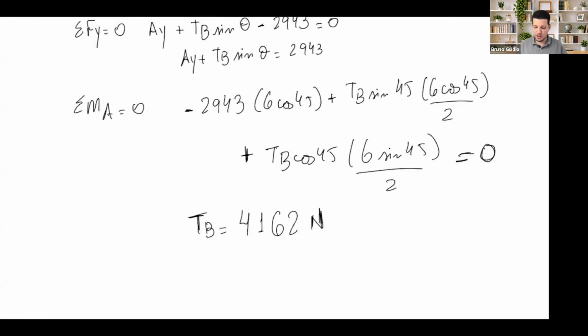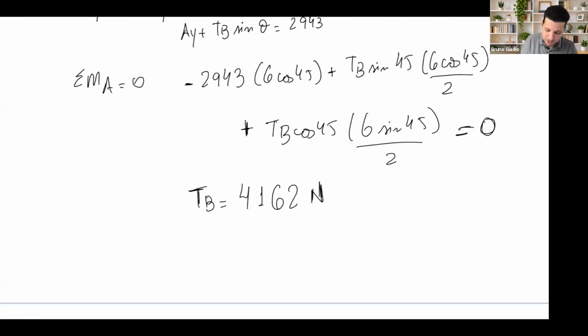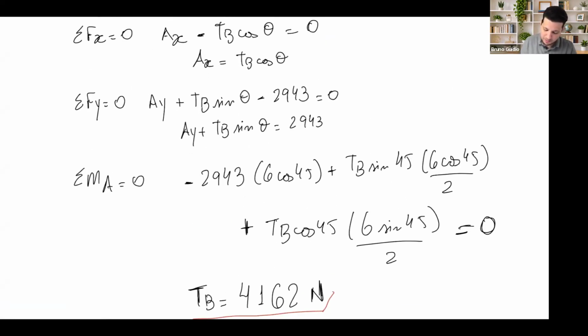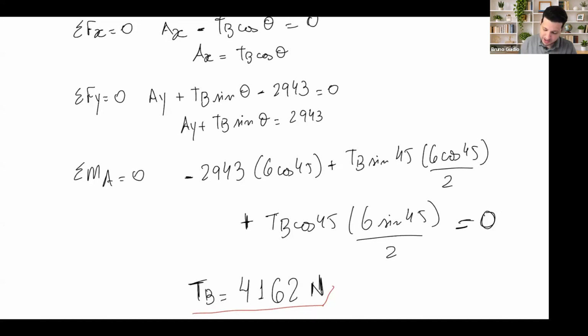Okay, once you do this calculation, please do so. And then I will go back there and find AX equal to 4162 cosine 45. Actually, yes, 2943 newtons.